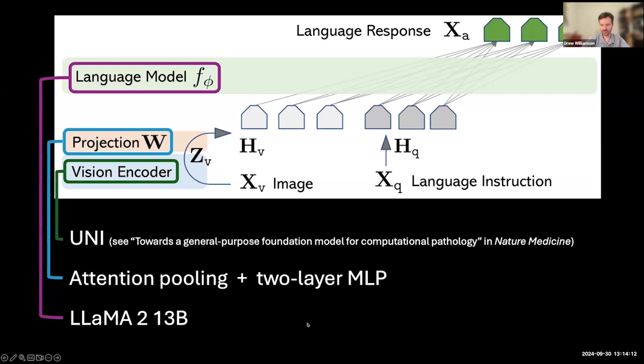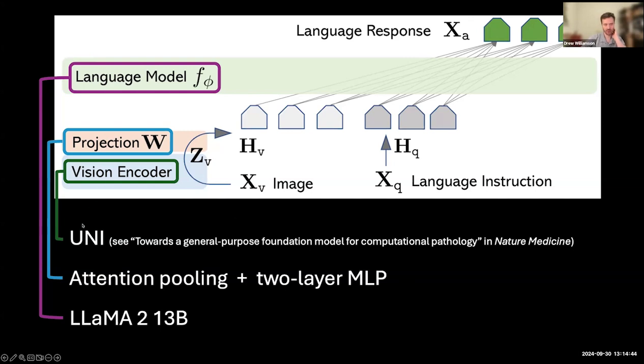So for this, we sort of assembled some pre-trained models here. The large language model, we used Llama 2 from Meta, an open source model, used the 13 billion parameter variant of this, and it was pre-trained just on natural language out there. So it had some understanding of English language to begin with. Our projection module, we just use this attention pooling and a two-layer multi-layer perceptron.